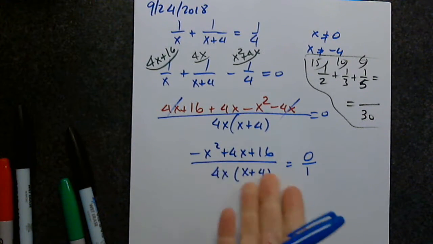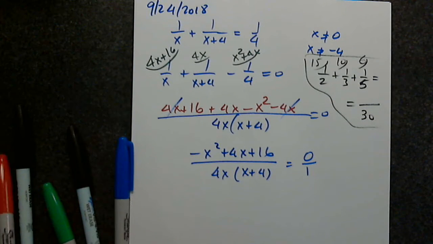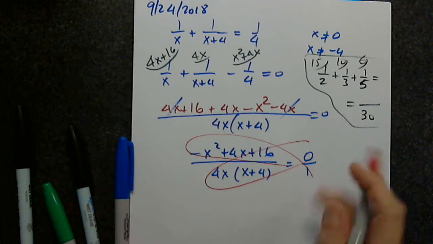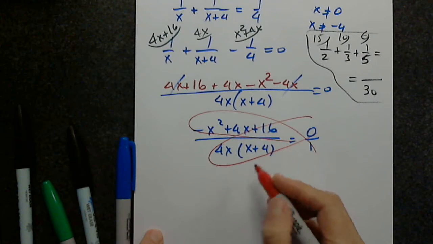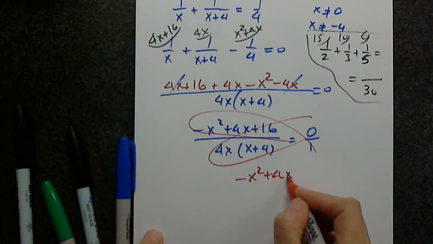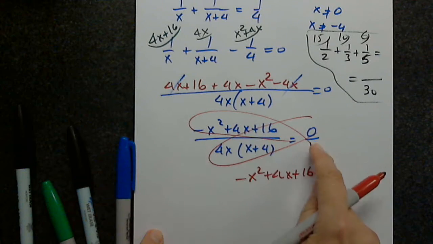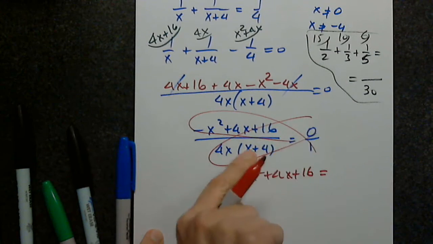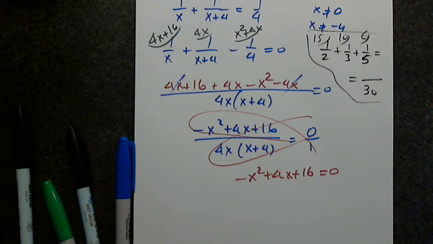Remember to arrange everything in descending order. Now we are ready to do what? Yes, that's why it was my reminder here. So this will be negative x squared plus 4x plus 16. This times 1 equals what? 0. Exactly. What type of equation is this?